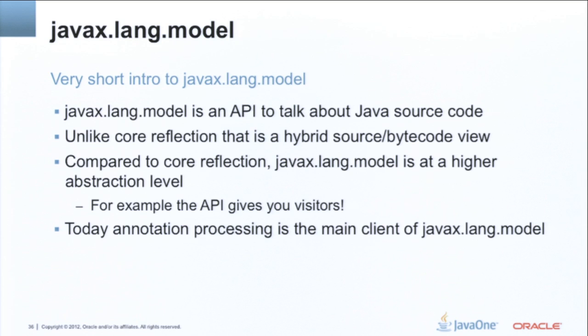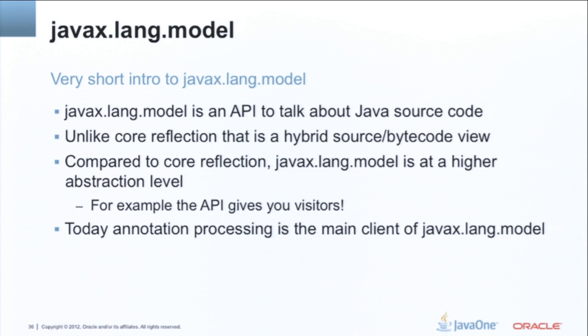Reflection is very much based on how the code looks for the VM, while javax.lang.model looks at the source. And also, this API is at a higher abstraction level than reflection. For example, visitors are included. You don't need to do iteration yourself.